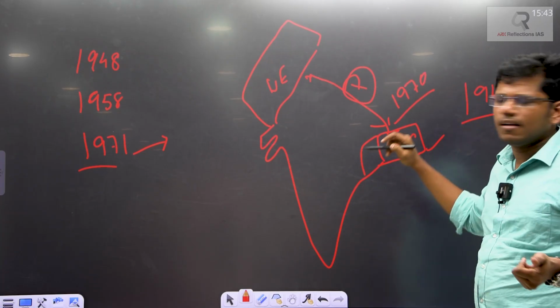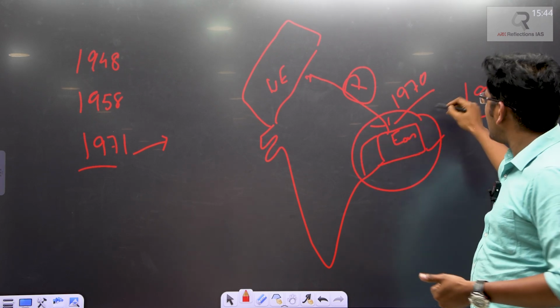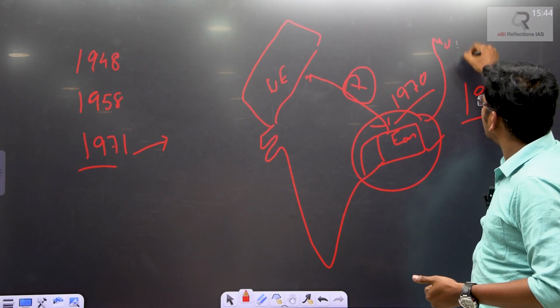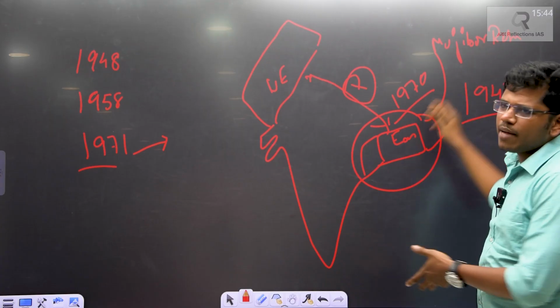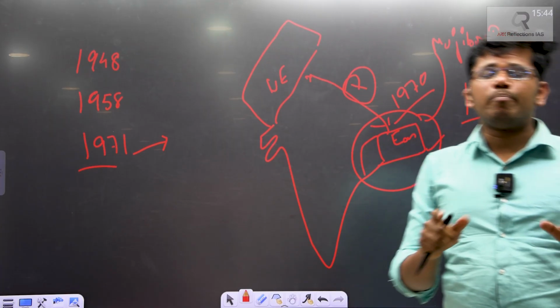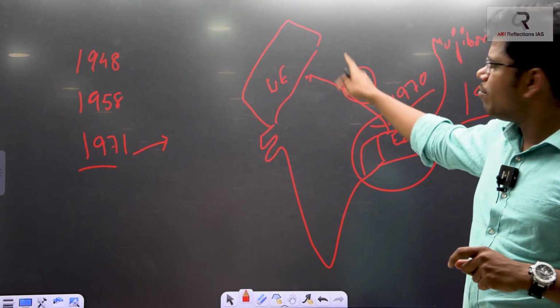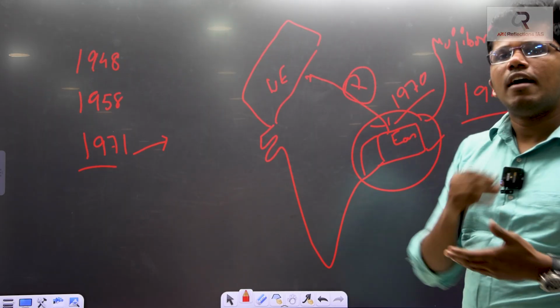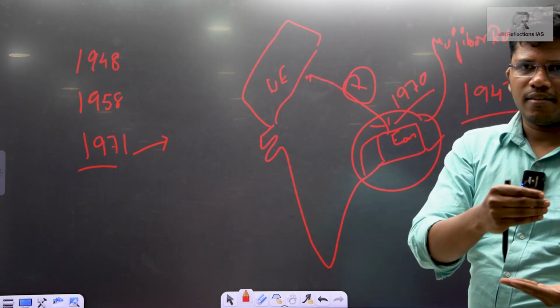In that election, the candidate from East Pakistan named Mujibur Rahman got the majority of seats when both West and East were combined. As per the constitution, he should be the prime minister.